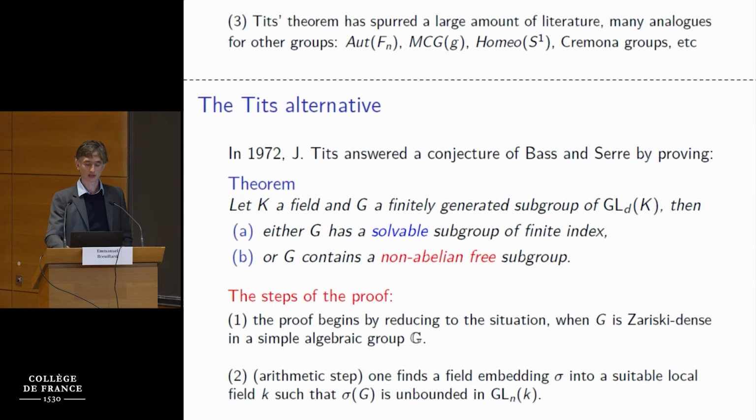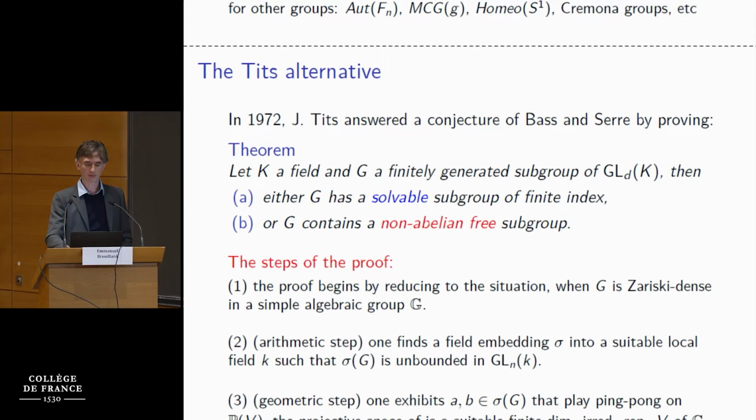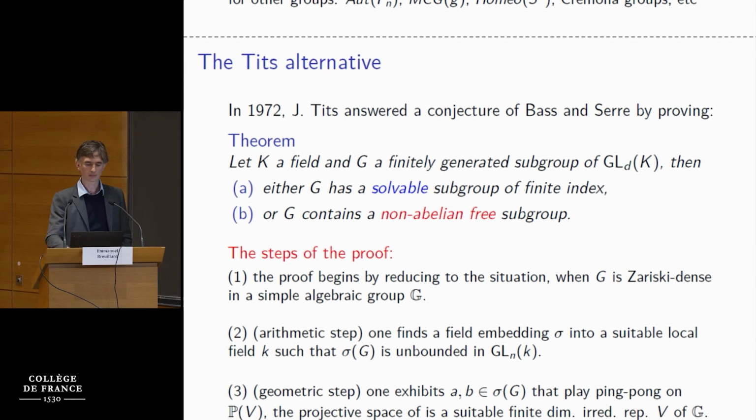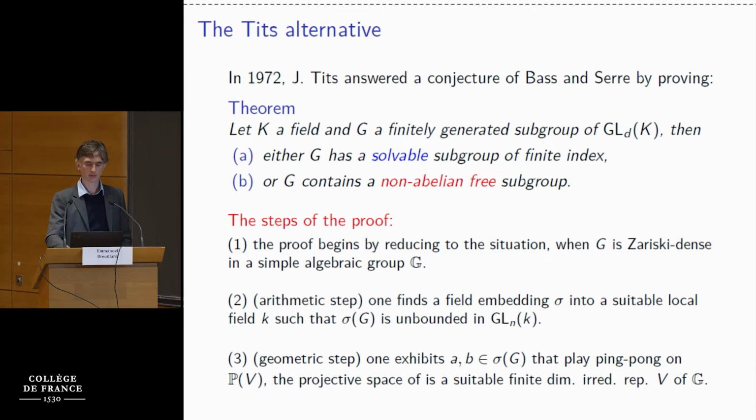Some ideas about the proof. The proof begins with a reduction to the case when your group is Zariski dense in a simple algebraic group. This is a very basic step that was probably very clear to Tits when he did this.